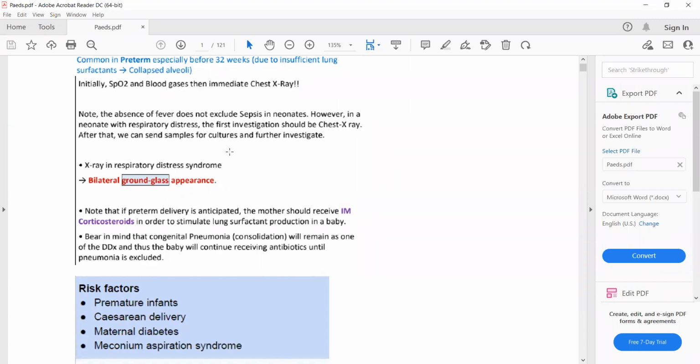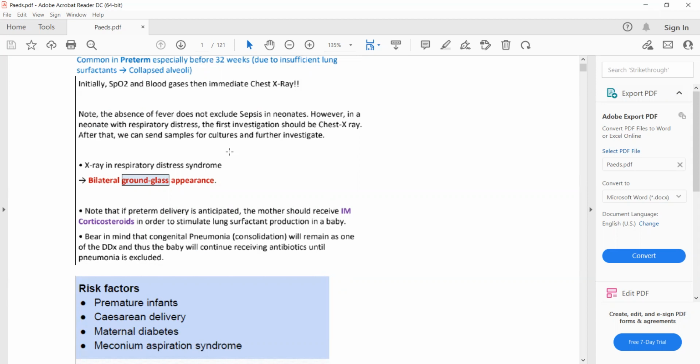The first hint for respiratory distress syndrome is that the baby will be premature, and the second hint is that a chest X-ray will show bilateral ground glass appearance.